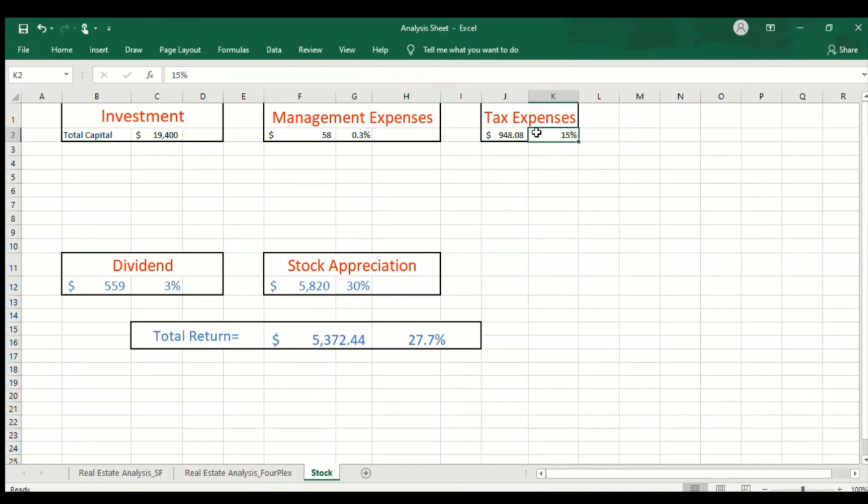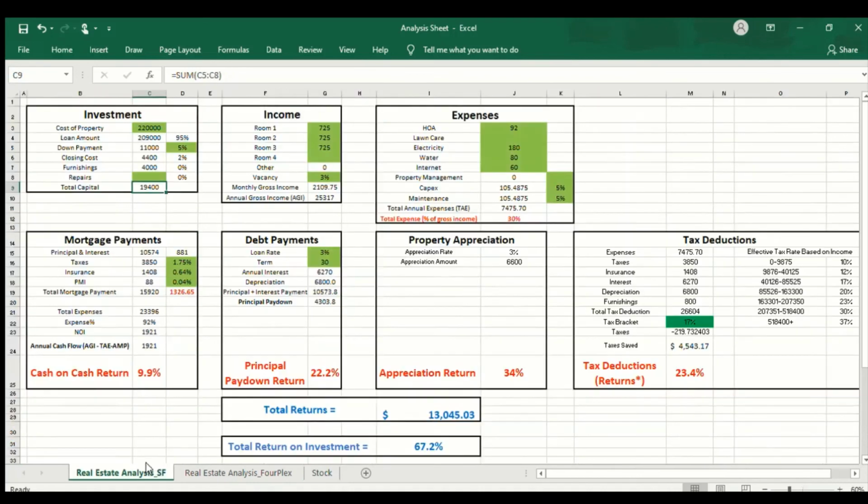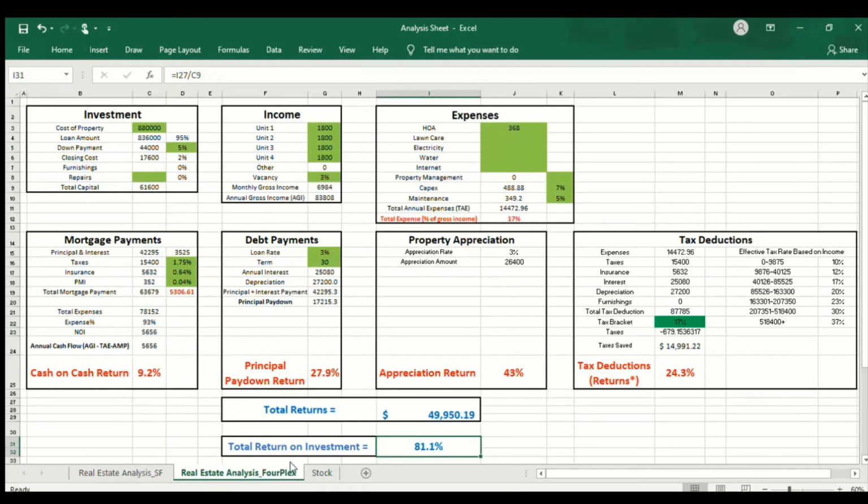And you can see when you add up all of your gains, so basically stock appreciation plus dividend, and then subtract management expenses and taxes, your total return is almost $5,400, which is still very good. That's a 28% return, but still nothing close to what we saw here with a real estate investment property.